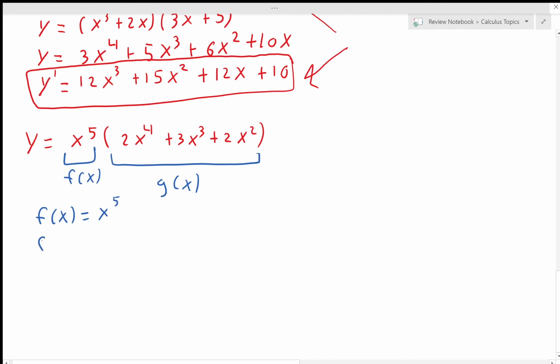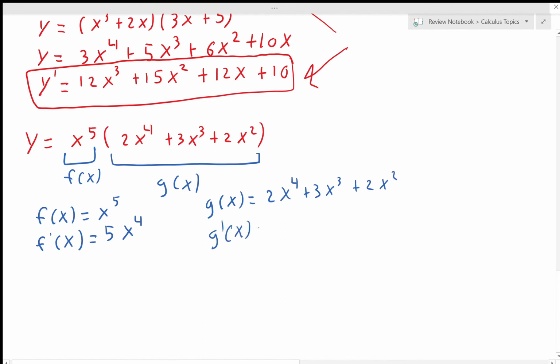Then f prime of x is just the power rule. Should be 5x to the fourth. Here, you got g of x equals, just rewriting it, 2x to the 4th plus 3x to the 3rd plus 2x squared.